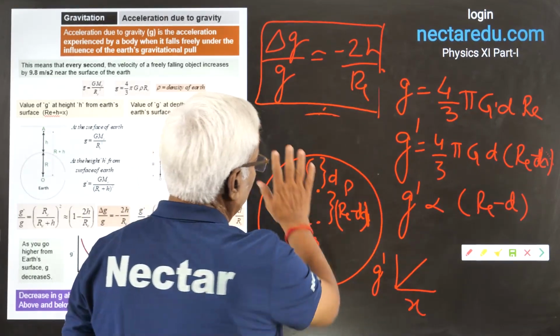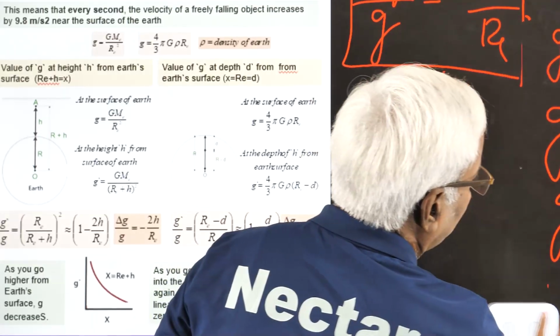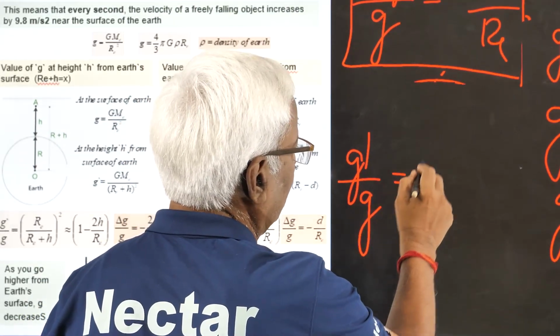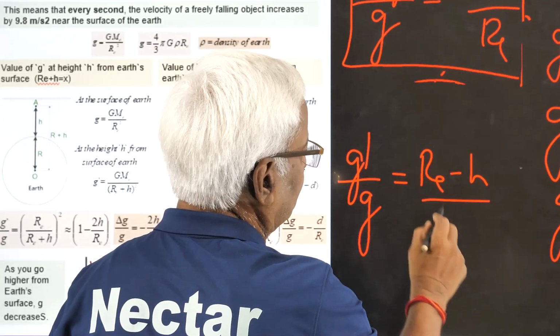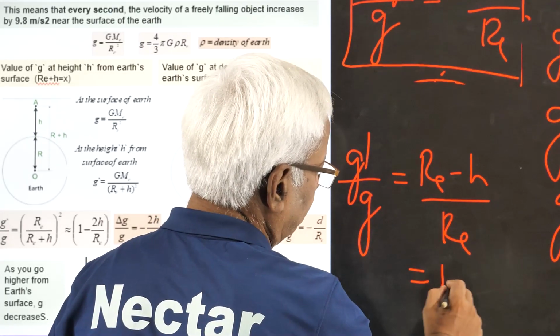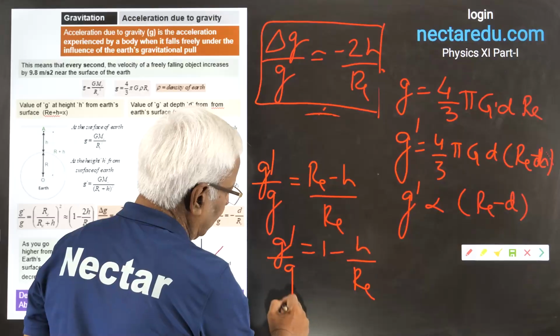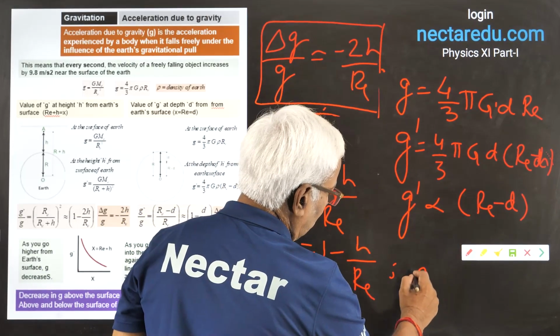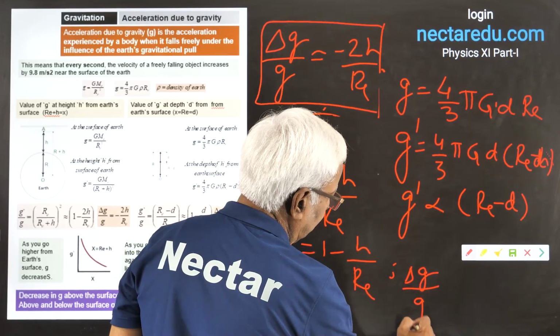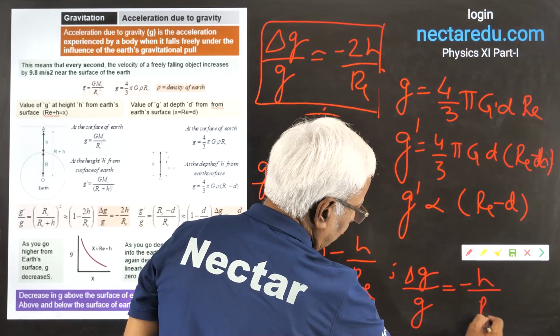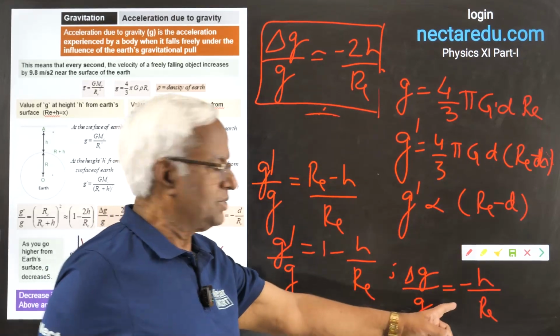And moreover, if you just take the ratio g dash upon g, it's going to be RE minus d upon RE. That becomes 1 minus d upon RE. And if you take the difference, you will find finally delta g upon g equal to minus d upon RE.